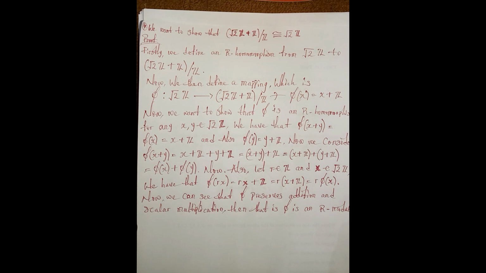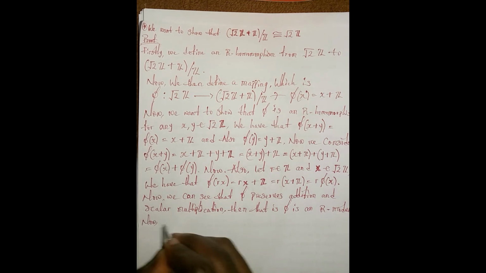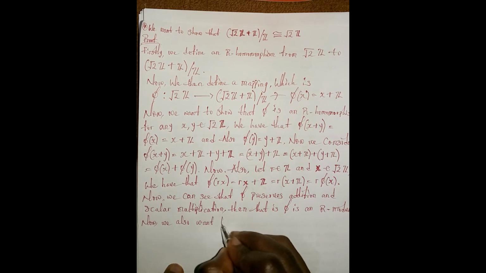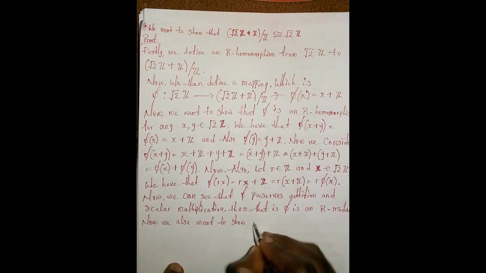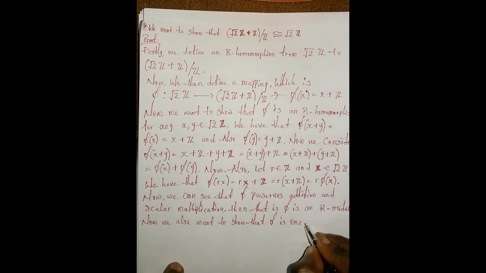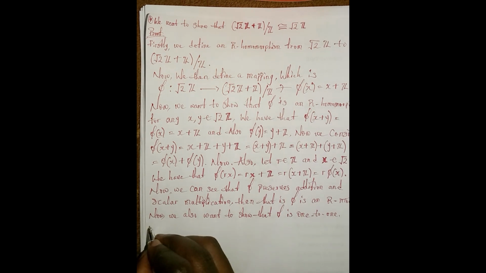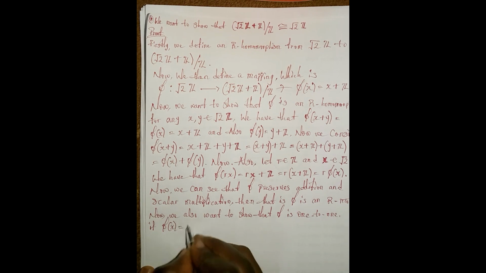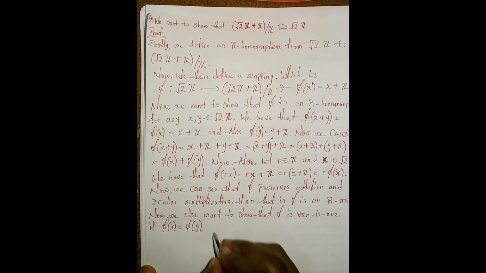Now, since phi is an R module, we proceed on showing that phi is 1-to-1. We also want to show that phi is 1-to-1 if phi of x is equal to phi of y.